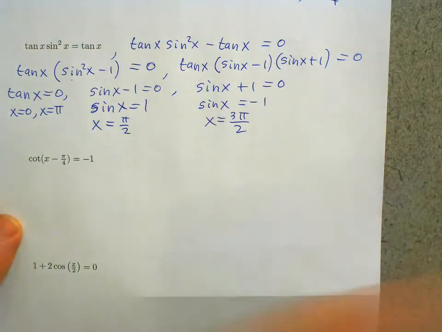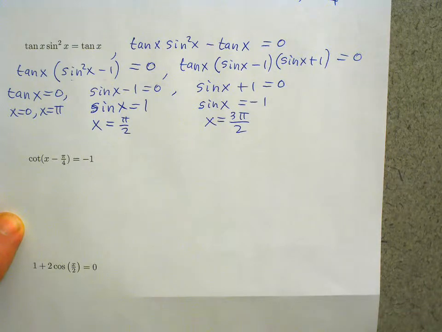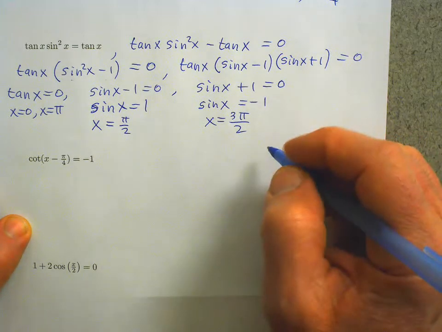Well, we know that cotangent is equal to negative 1 for two values between 0 and 2 pi, just by itself. Let's see.